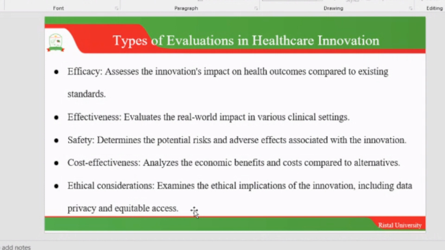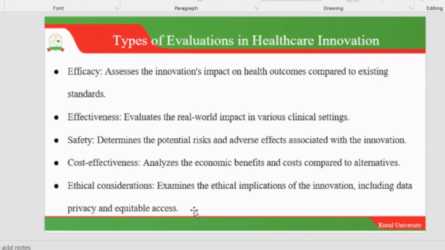We want to look further and see the health outcomes. If the innovation was supposed to reduce the deaths related to cancer when we use robotic surgeries, then we want to see fewer deaths related to cancer. Those health outcomes are what we call the efficacy.